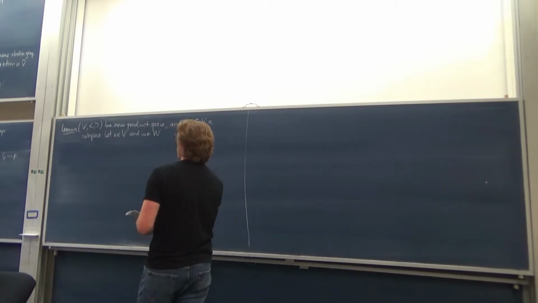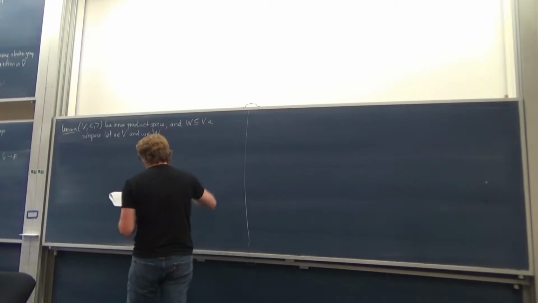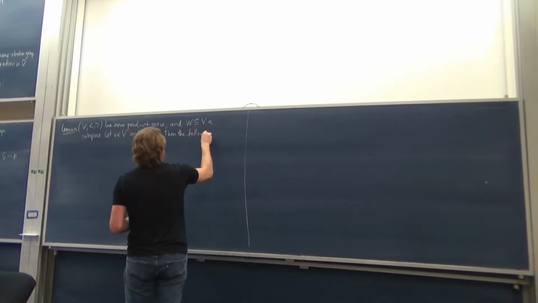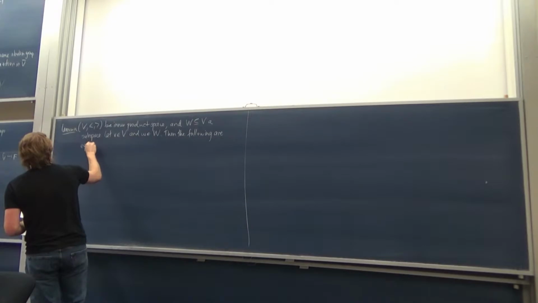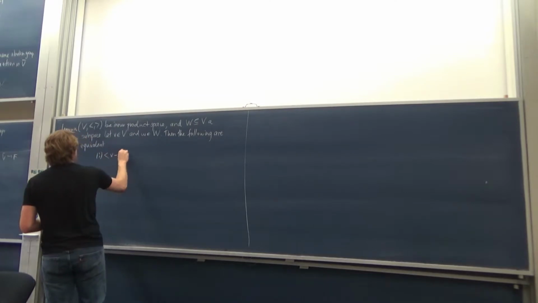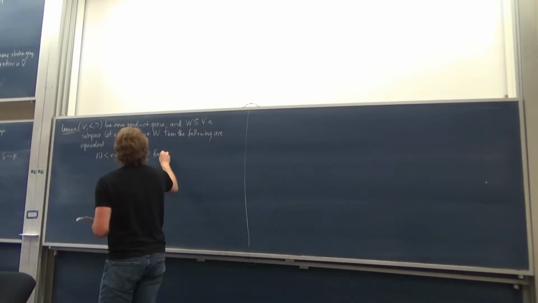I'm asserting the equivalence of two conditions, which is why I don't need the closed. Then the following are equivalent. First of all, that the difference, V minus W, pairs with everything in W to give 0.